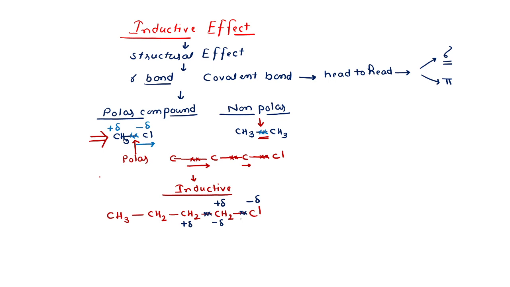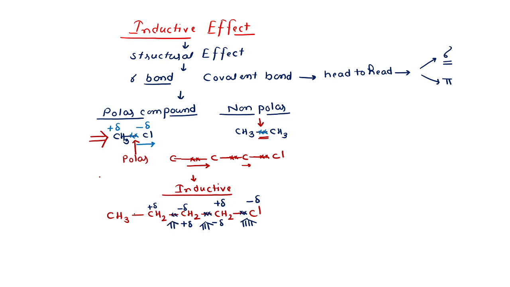The magnitude will be less. If the magnitude here is 4 times, here it will be 3 times. Now what is going to happen? Here, this lone pair again is shifted towards this CH2. So this CH2 will be minus and this CH2 will be plus. Here this magnitude will be less than this.